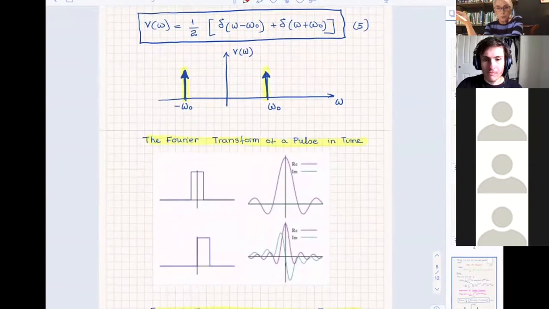Now, I did a proof for something simple, which is the harmonic signal. But if you apply those things to more complex functions like a pulse, let's assume that your input is 1 bit. 1 bit is a pulse that has a value of 1 and has a width.